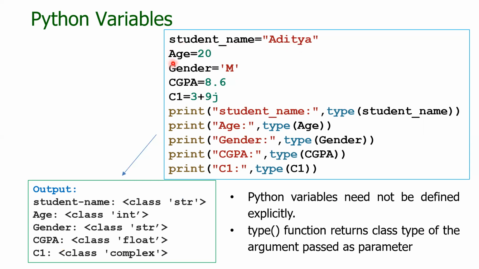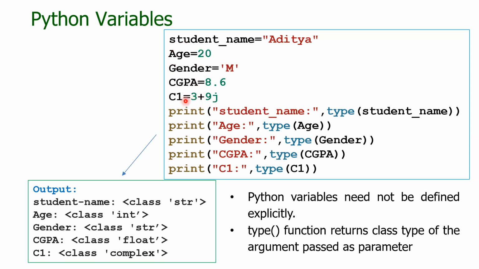And then the age is another variable which is assigned with the value 20. Similarly, another variable gender is assigned with the value M, which is a character type. And similarly, CGPA is another variable which is assigned with a floating point value. And C1 is another variable which is assigned with a complex number.